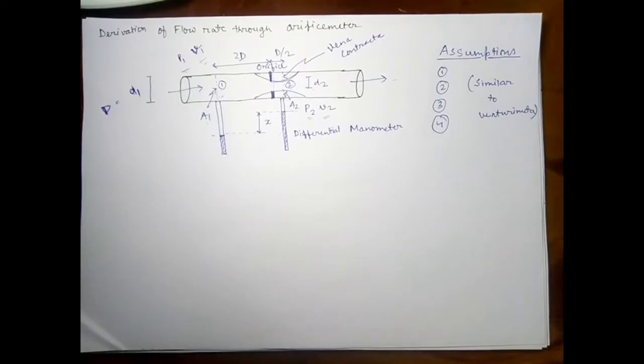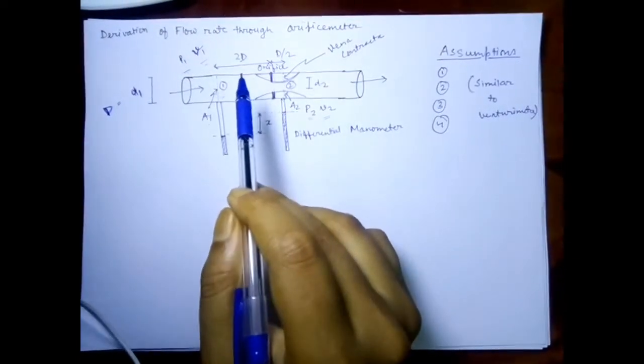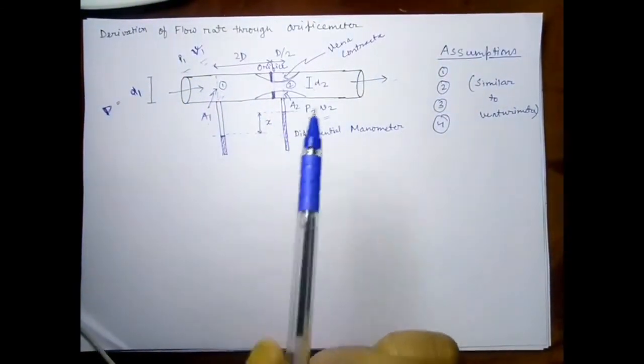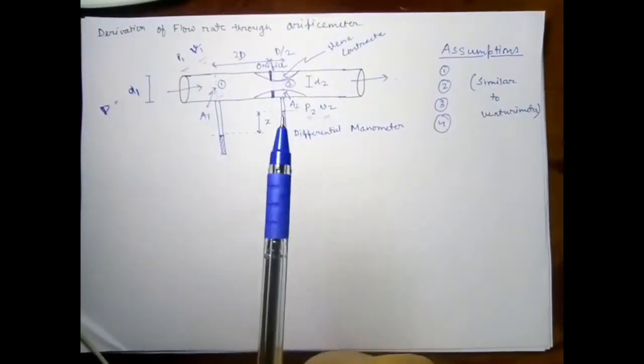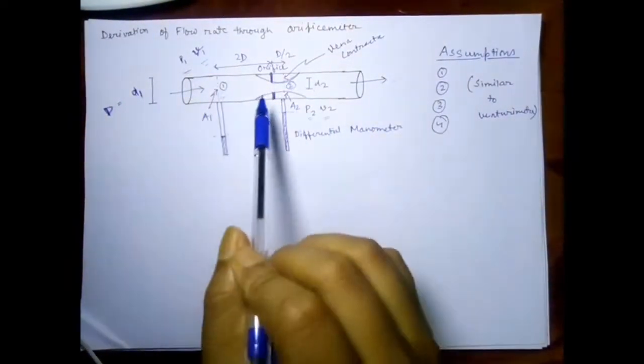Now let us recall Bernoulli's equation and apply it in section 1 and section 2. So what was Bernoulli's equation? In an incompressible ideal fluid, when the flow is steady and continuous, the sum of the pressure energy, kinetic energy and potential energy will be constant along a streamline.